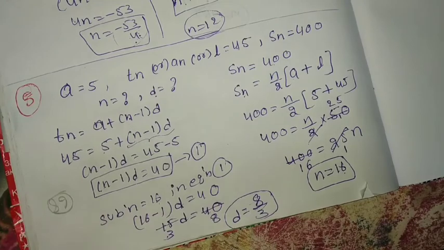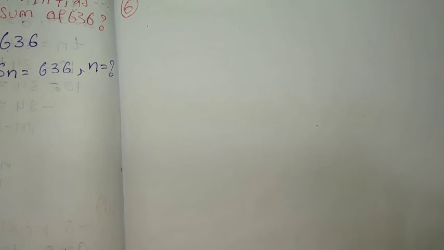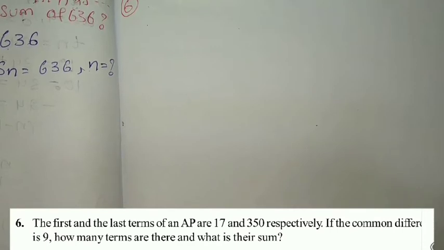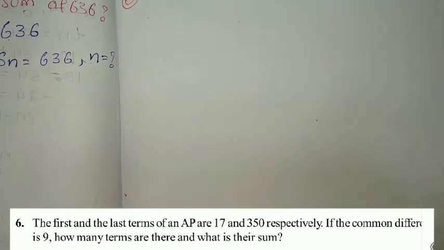So let's move on to the next question, the 6th question. What is this question saying? The first and the last term of an arithmetic progression are 17 and 350.